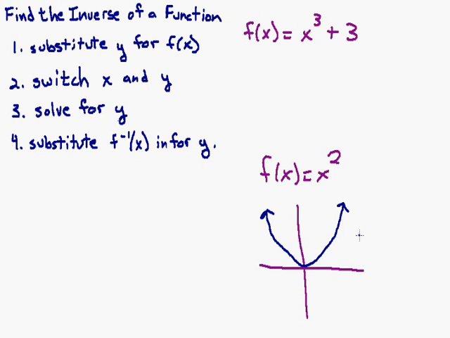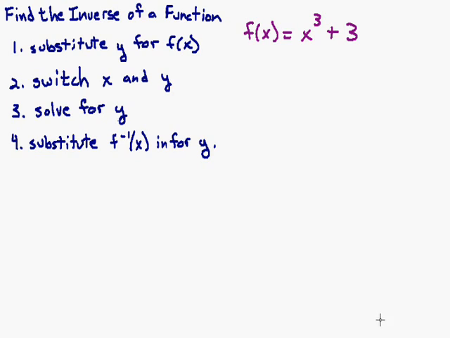That means it doesn't have an inverse function. So if you're given a squared function, there's going to be some restrictions on it, and maybe I'll do another video on that. But most of the ones you're going to see, the most common ones, are going to be an x cubed with a constant or some linear function. We could probably look at a parabola one later on with some restrictions.